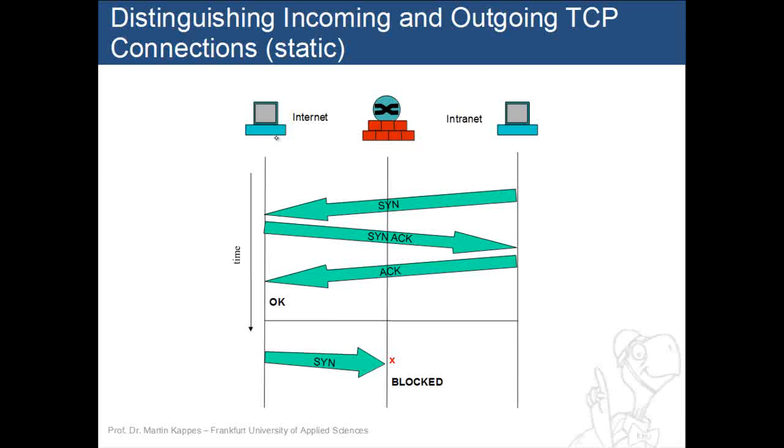And that opens up a problem, because if somebody from the internet would fake a TCP segment where an ACK flag, for instance, is set, and which seems to go into the intranet belonging to a TCP connection which has been established fine, then a static packet filter would basically need to let this pass through, because it might belong to a legitimate connection.